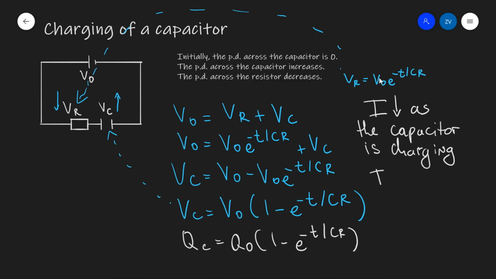And in fact, in this circuit, I will be equal to the initial current, which will be the highest, times e to the minus t over CR. When the capacitor has stopped charging and has reached the maximum potential difference, then the current will have dropped to 0.